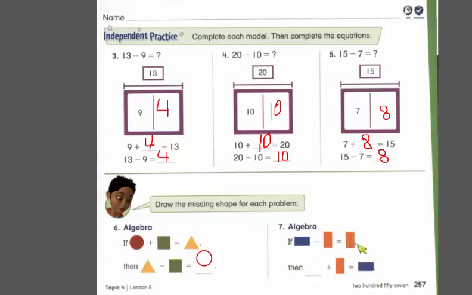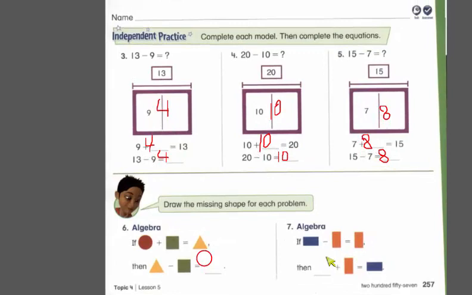One part is the rectangle, the orange rectangle. What about the other part? It's again the orange rectangle. I think doubles, yes? Doubles, they are the same. Yes, you are right. So here we will draw the rectangle, orange rectangle.